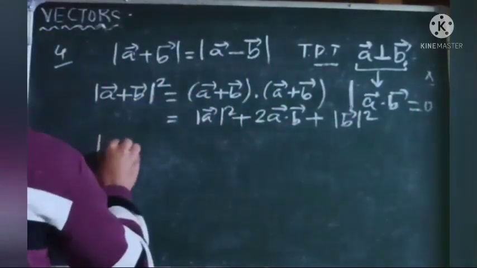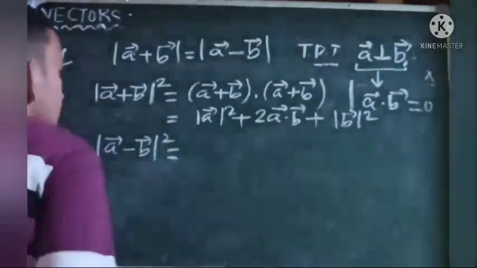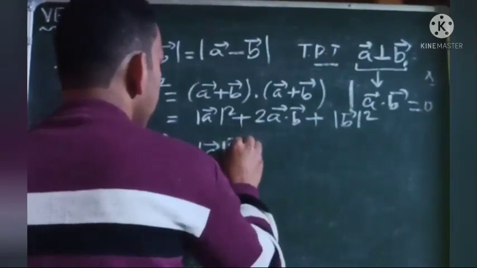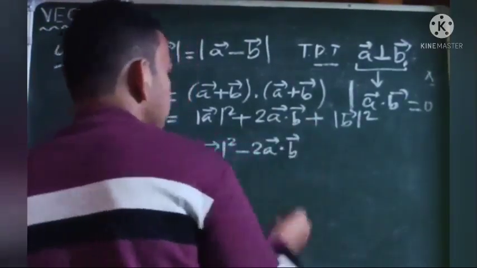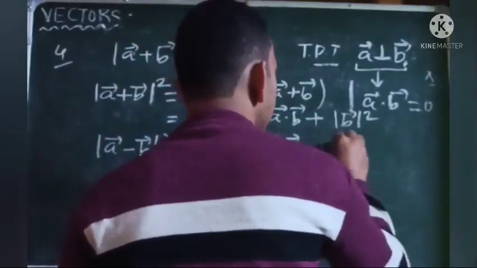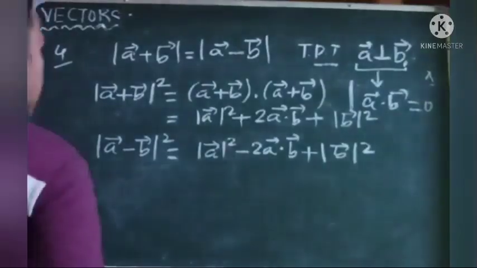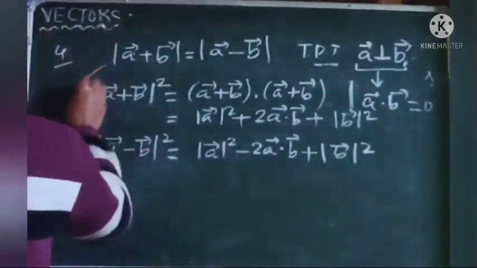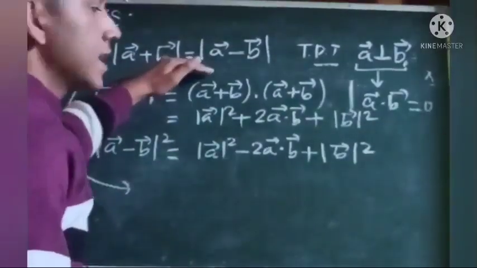Similarly, we can find A vector minus B vector whole square, which is going to be equal to magnitude of A vector square minus 2 times A vector dot B vector plus magnitude of B vector whole square.